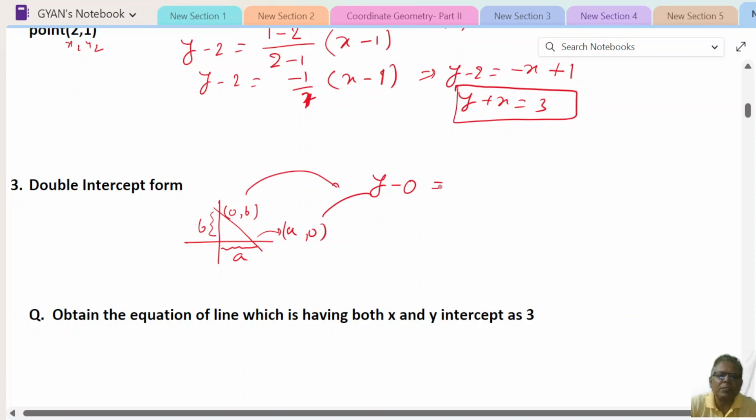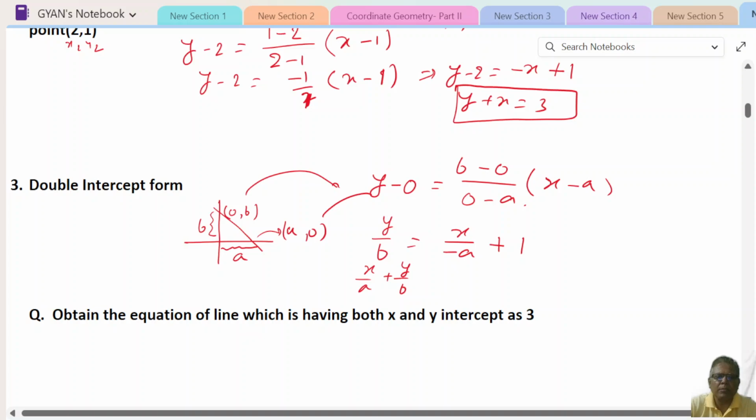Y minus 0 is equal to (b minus 0) divided by (0 minus a) into (x minus a). So this will be y divided by b is equal to minus x divided by a plus 1. So x by a plus y by b is equal to 1. This is the double intercept form.